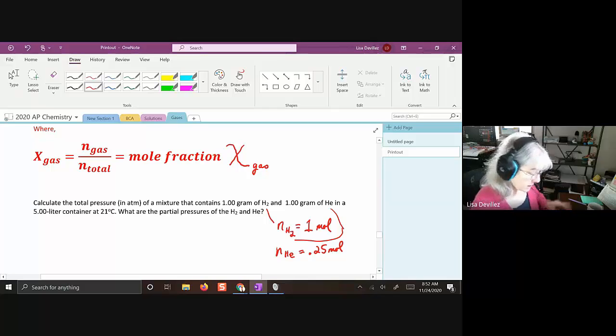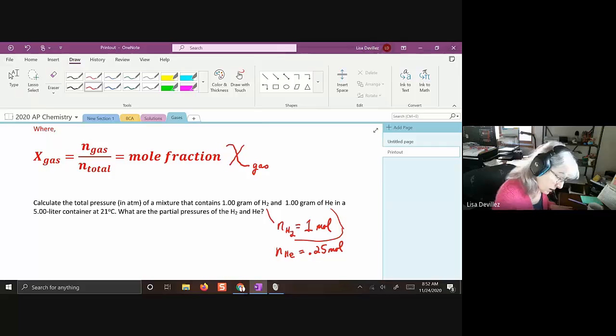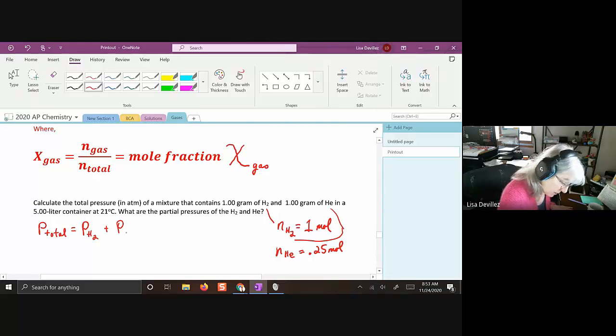All right. And so it wants our total pressure. So P total is equal to pressure of the hydrogen plus the pressure of the helium in there. Okay.